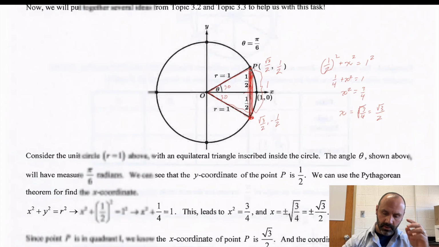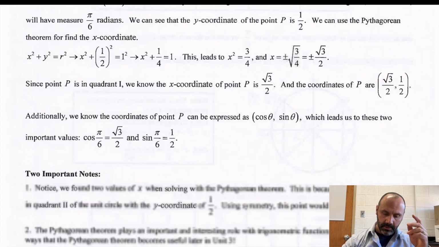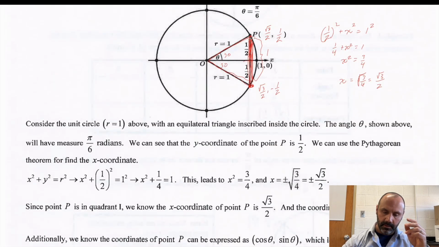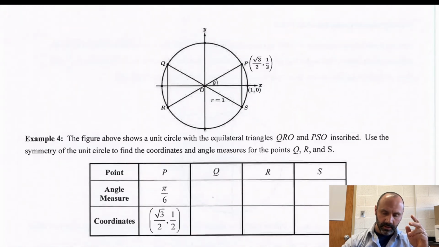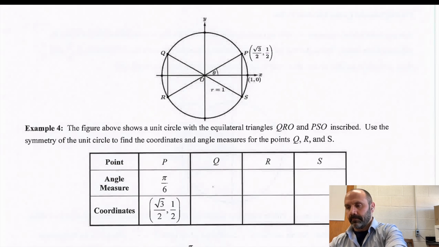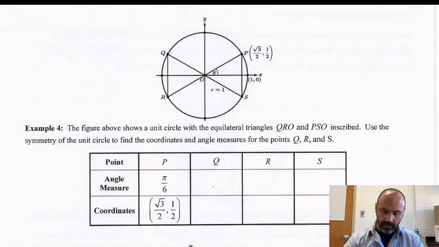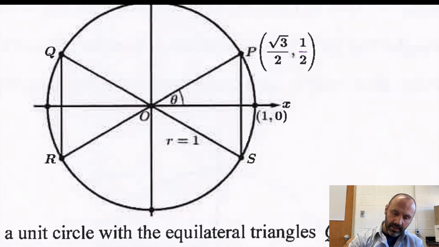Okay, so we're starting to fill out some of these x and y coordinates and the values. So let's take a look at the next example. So again, what is theta here? When theta is 30 degrees, actually, we're going to call this pi over 6.